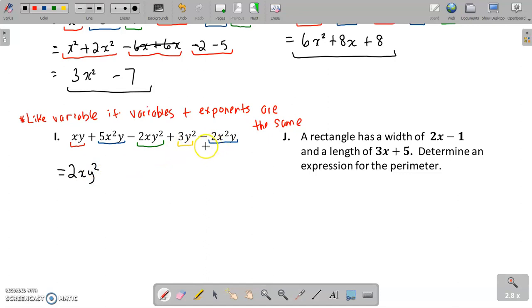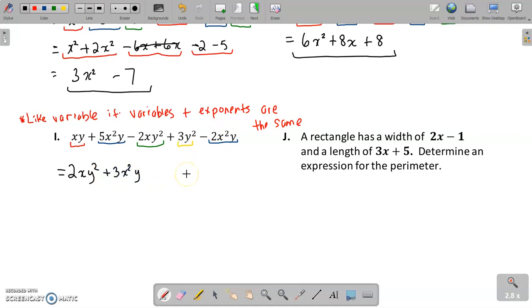And here, if we look at the blue ones, x to the power 2 times y, we look at their coefficients, we have 5 and negative 2. So therefore we have plus 3x squared y.